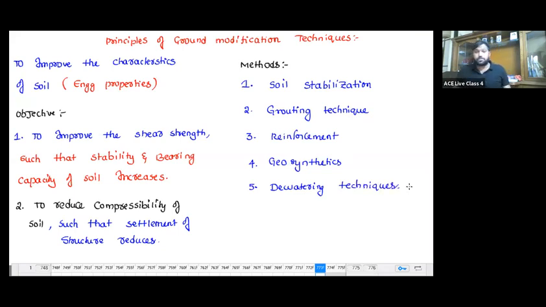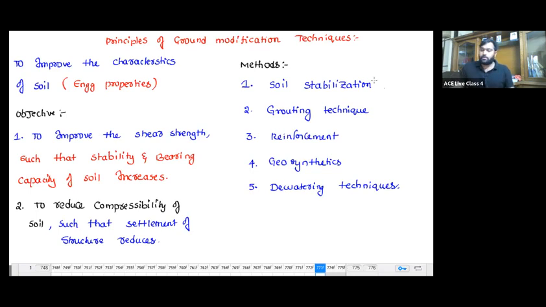Okay. So soil stabilization, grouting technique, reinforcement, geosynthetics, and dewatering techniques. These are the things that we are going to discuss. Out of these, I have already included geosynthetics here, which means the principles and uses of geosynthetics I am going to discuss in this same chapter.